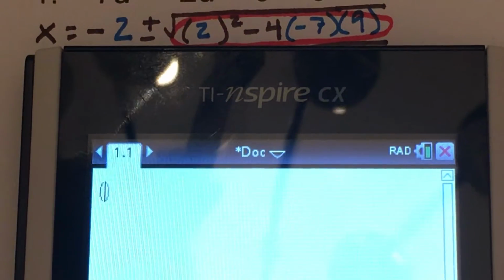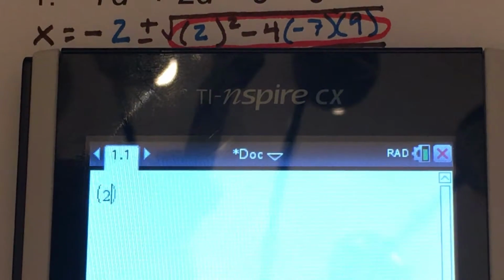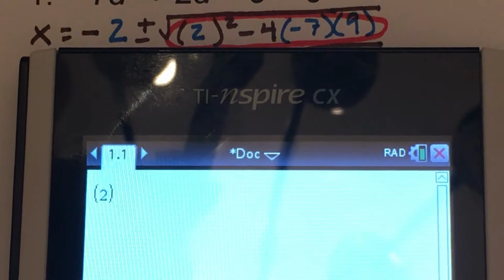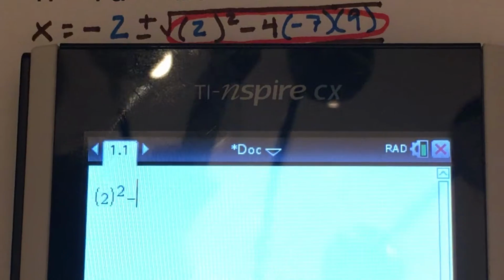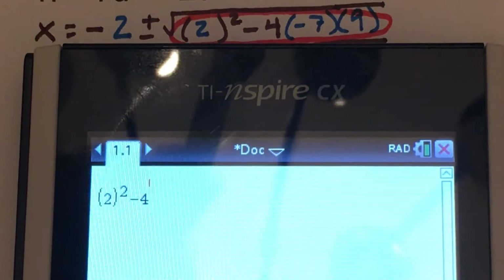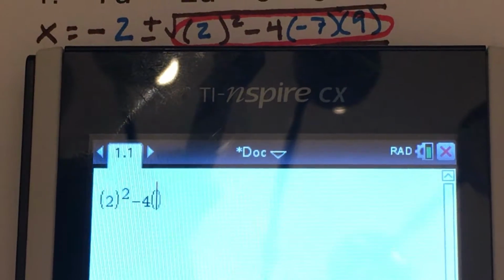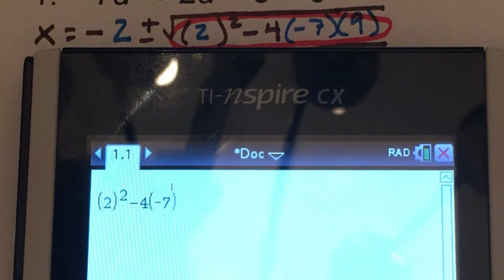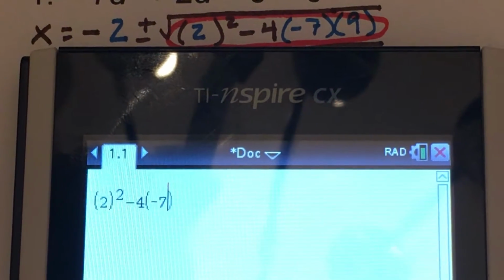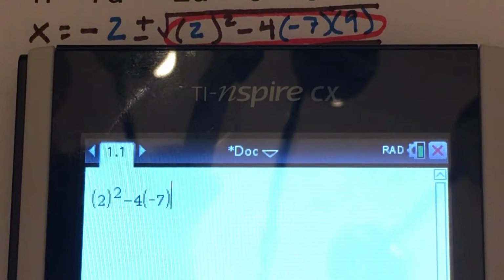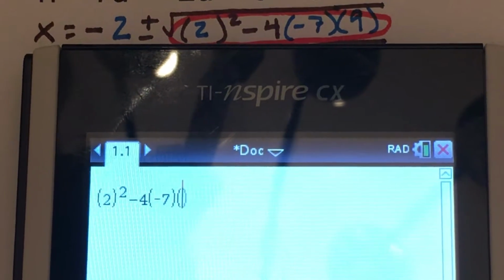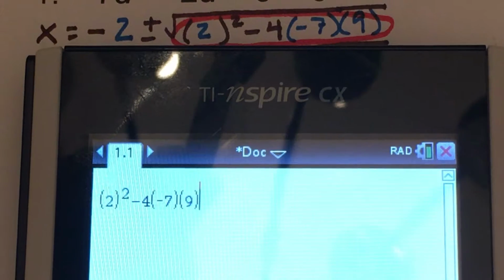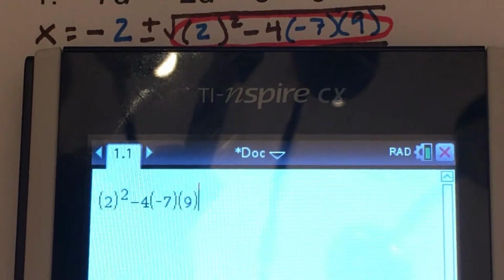So parentheses, 2, close your parentheses, squared, minus 4, parentheses, -7. Make sure that was a negative and not a subtract. Close your parentheses, open your parentheses, 9, close your parentheses, enter.